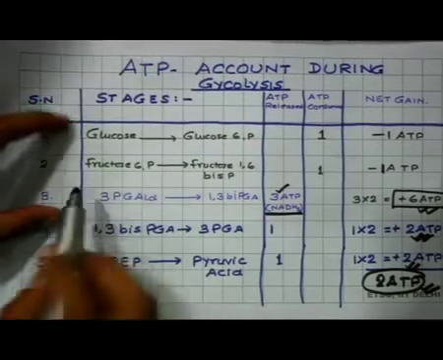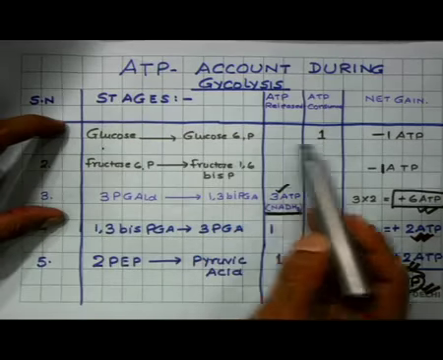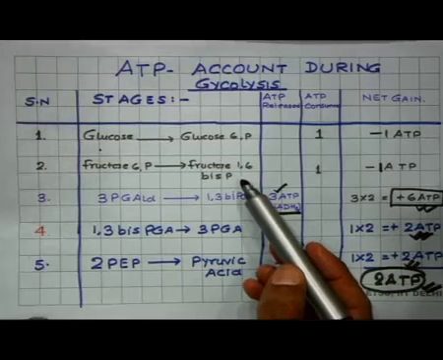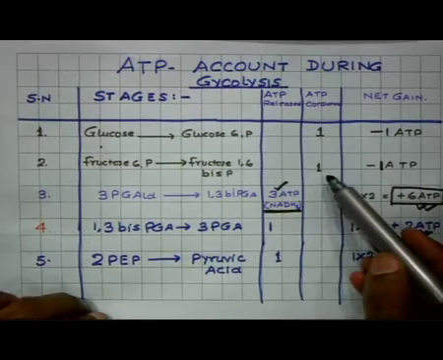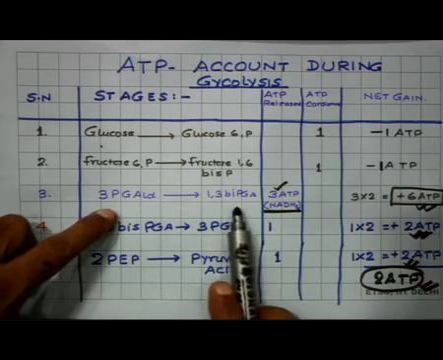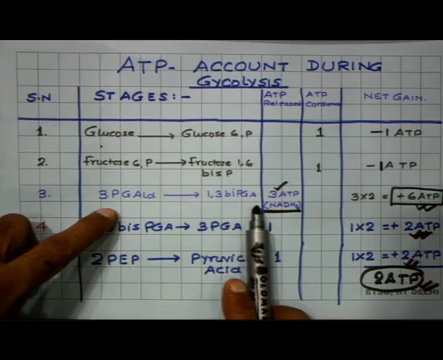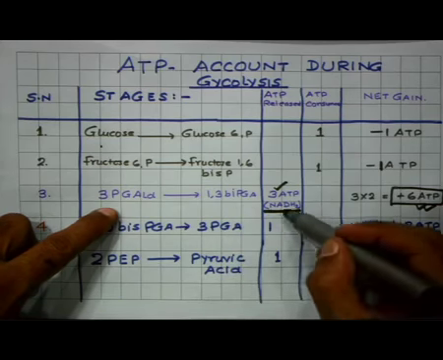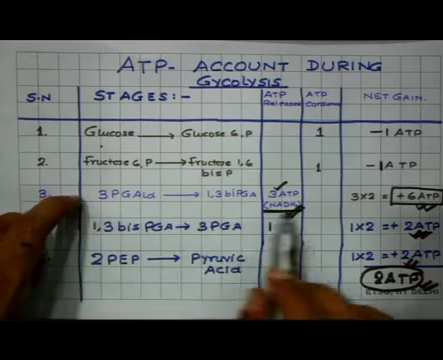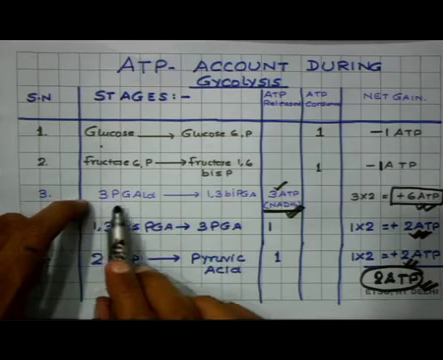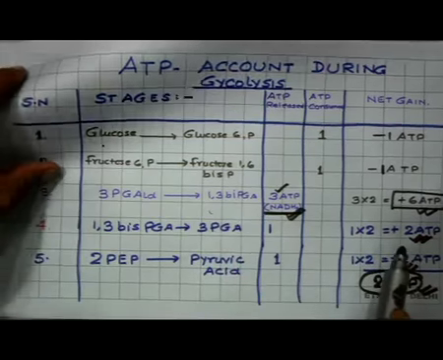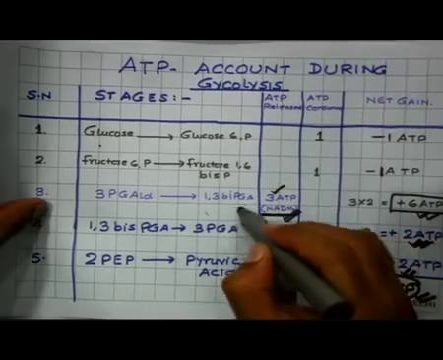So, when we summarize the steps where ATP is formed, we have already discussed in ATP formation: in glycolysis glucose is converted into glucose 6 phosphate, 1 ATP is consumed. When fructose 6 phosphate is converted into fructose 1,6 bisphosphate, 1 ATP is consumed. At the time of conversion of 3 phosphoglyceraldehyde into 1,3 bisphosphoglyceric acid, 1 NADH2 is formed.